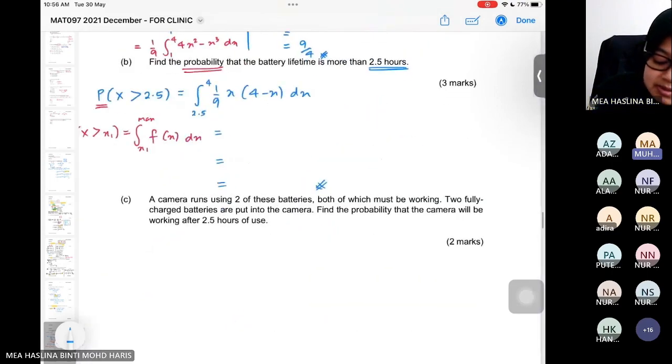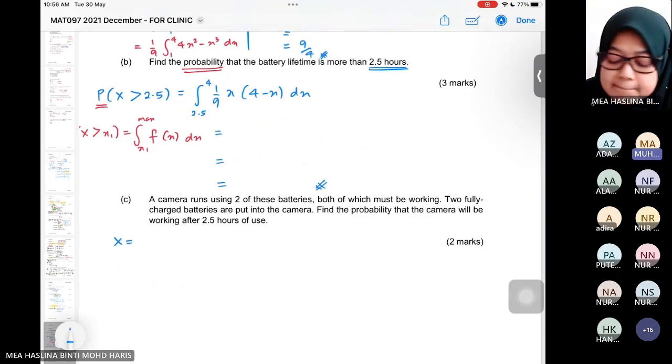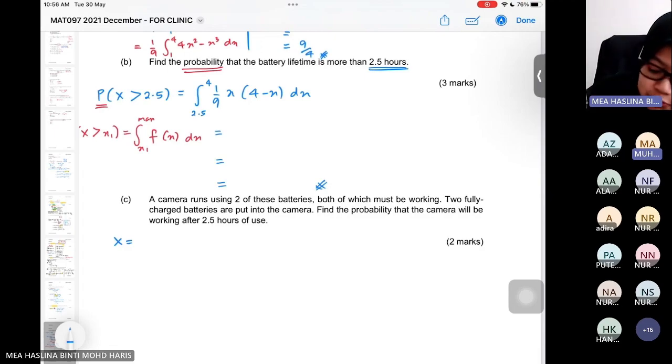But here, is it still about the time? It's related to the probability that the camera will be working.